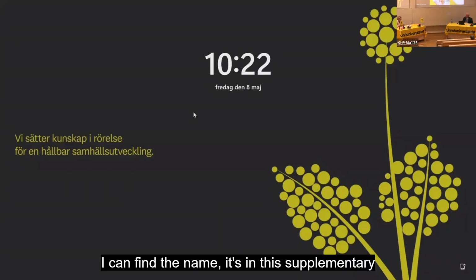I can find the name, it's in the supplementary. Yeah, Acartia was there, and Cyclopoida or Eurytemora were the ones that were really dominant.